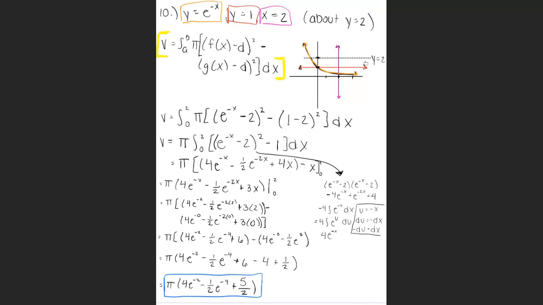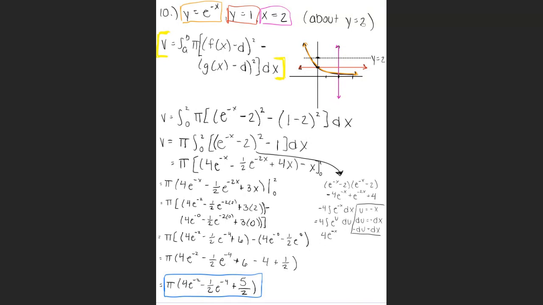Yeah, and the dotted line here represents what we're rotating around. I had to do some research on this question because it's not about the x or the y-axis. So I found that you do still do pi r squared, but r is represented as, in this case, the outer function minus d, and d would be the value of whatever the graph would be rotating about.